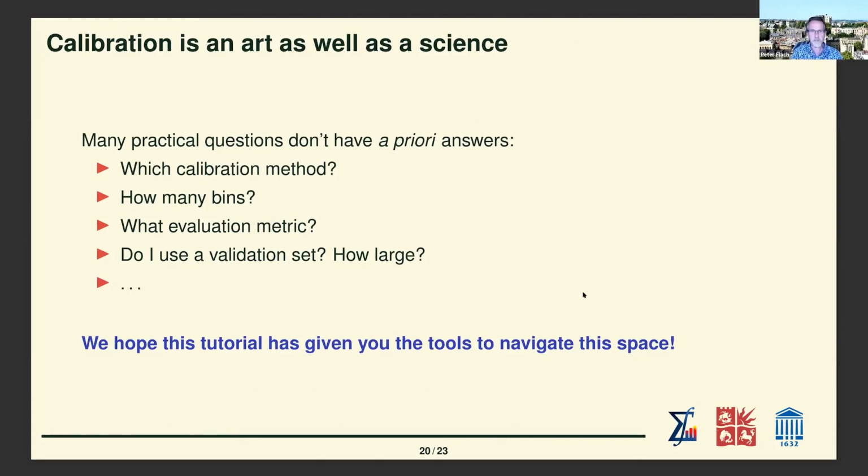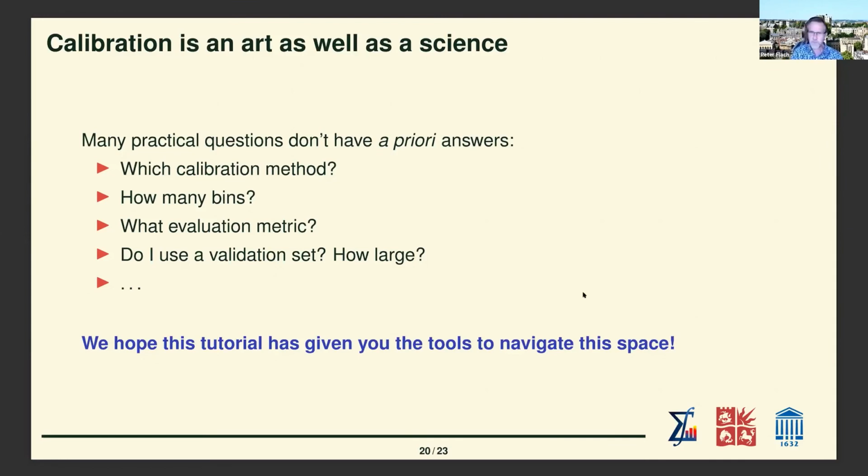Many of these practical questions don't have simple answers. It's like how many folds in cross-validation, or how big should your training set be? There are possible answers to that question, but really most of these are empirical questions. So which calibration method, which evaluation metric, how many bins, what about the validation set?